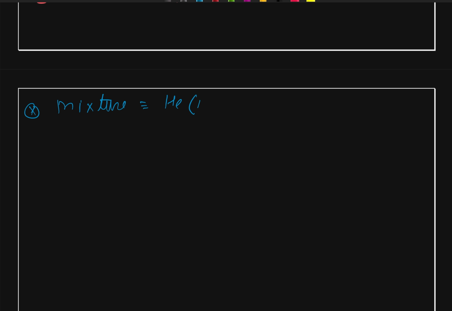Helium is monatomic, and for that our adiabatic index for monatomic we know is 5 by 3, and its molar mass is 4 gram per mole.